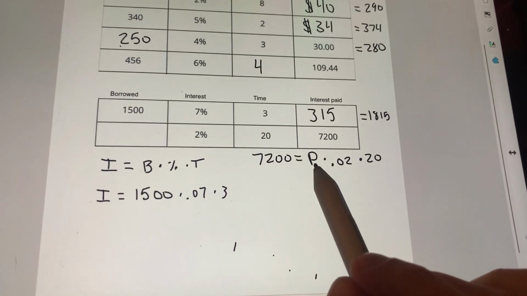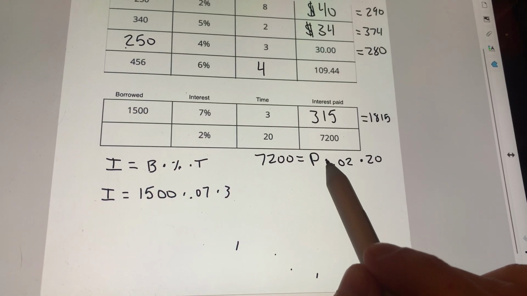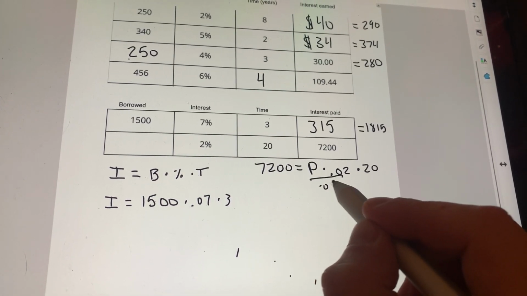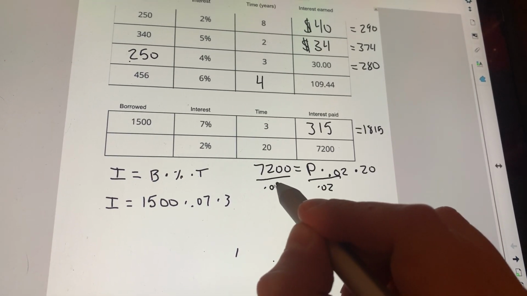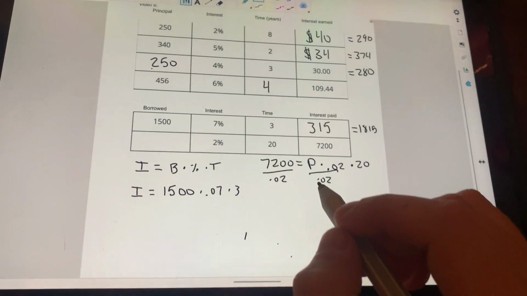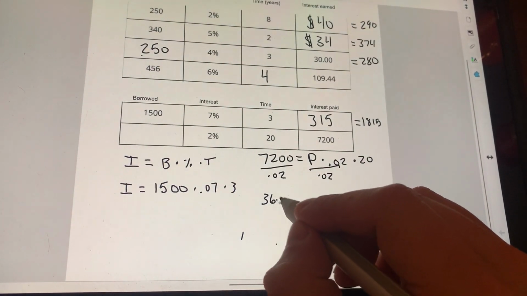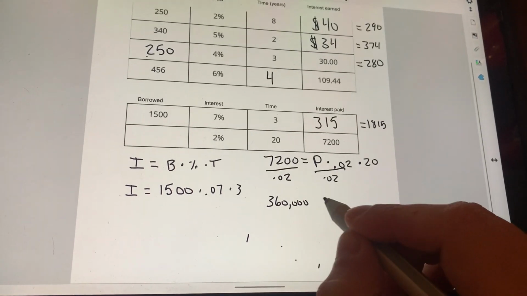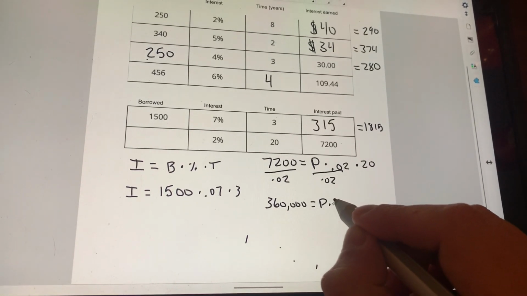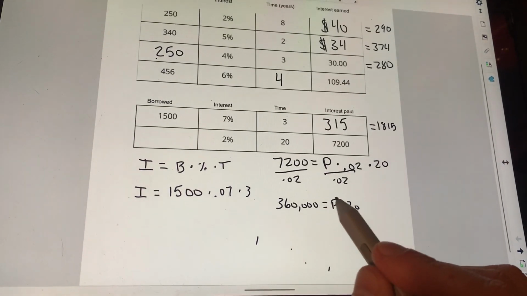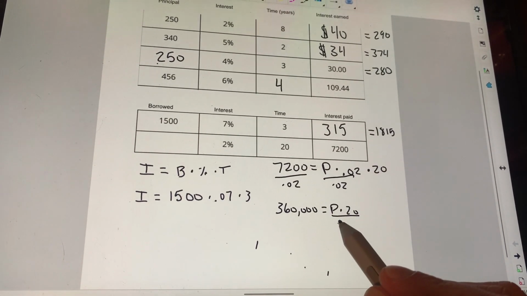Now when I'm looking at this, what is happening between the P and the 0.02? That is multiplication. So I'm going to divide by 0.02 on both sides of my equal sign. 7,200 divided by 0.02 is 360,000. That is still going to equal P times 20. Now, what's happening between the P and the 20? Because again, I have to get this variable by itself.